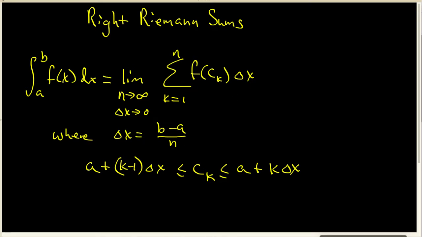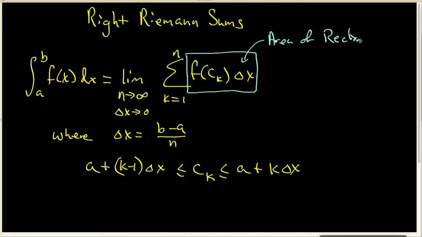It's important to remember that what we're really doing, however, is that f of ck times delta x is really nothing more than the area of rectangle k, the rectangle that we put over the kth subinterval when we are doing a rectangular estimation of our area.